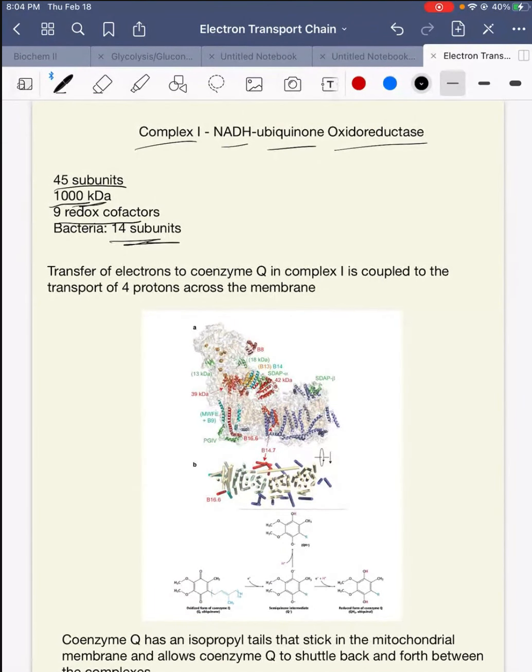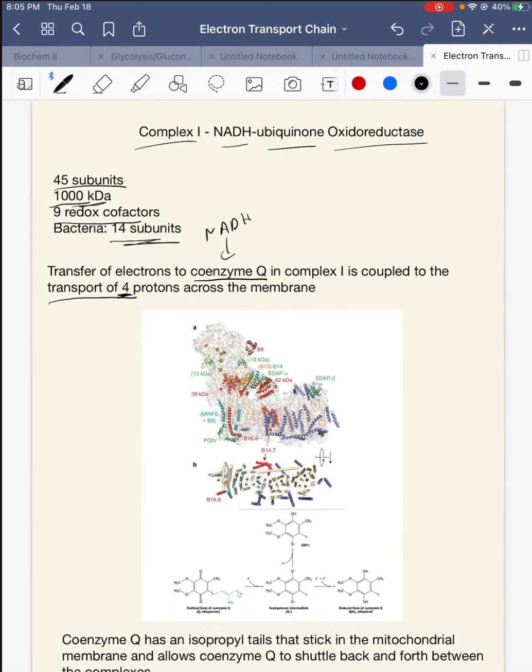What we do in complex 1 is we transfer electrons from NADH to coenzyme Q, and when we do that, we pump 4 protons across the membrane. So we go from NADH to coenzyme Q, and that's coupled with 4 protons being pumped across the membrane.